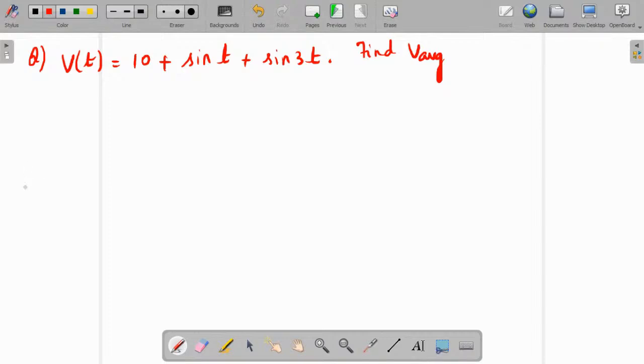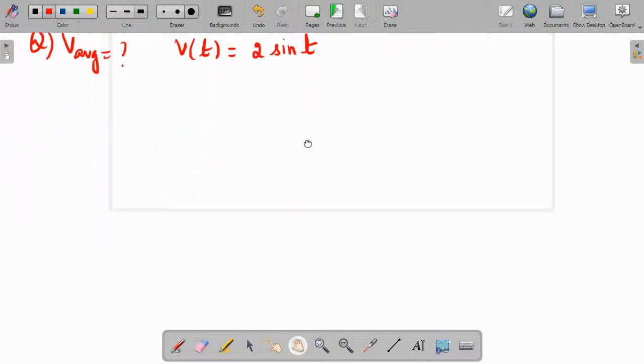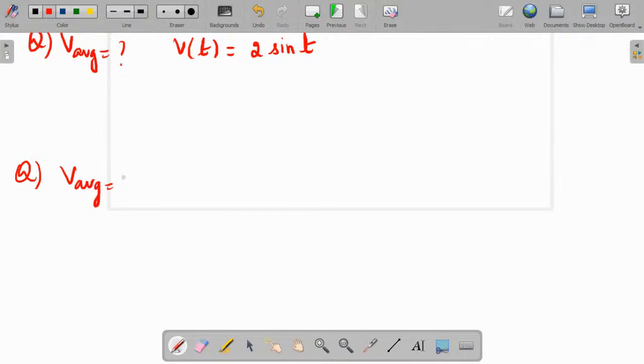One more question on average voltage. Find V average given V of t is equal to 2 sin t. And one more question: find V average if V of t is equal to 9 sin t plus 4 sin 3t.